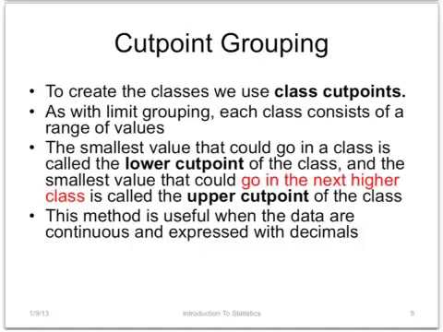We went from 56 all the way up to 104. That is a pretty wide range of values, so it's a good idea to bin those data. Cut point grouping will usually be done when you have real numbers. So let's take a look at an example.